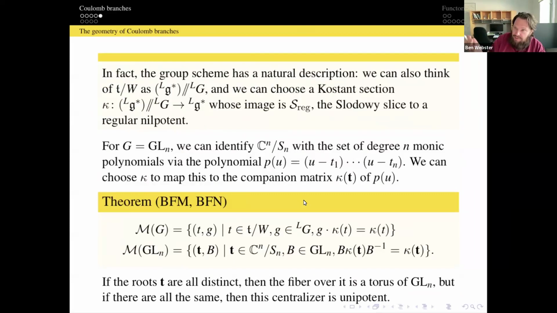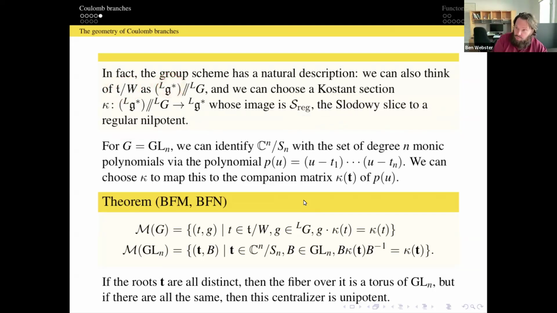So actually for any reductive G, I should probably just say simple G to make my life a little easier, this guy has a nice description. The way you should think about it is you have the Slodowy slice to a regular nilpotent. And that's naturally identified with T mod W, for reasons having to do with wanting to be mapping into G dual.